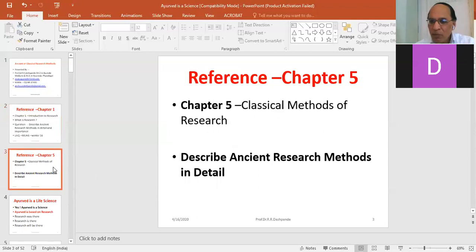This is based on my book. I have edited one book, Research Methodology and Medical Statistics, published by Manakarnika Publication, Pune, Maharashtra State, India, and all Indian PG students of Ayurveda are using this. I am thankful to all my well-wishers, the purchasers, all the students and the teachers.